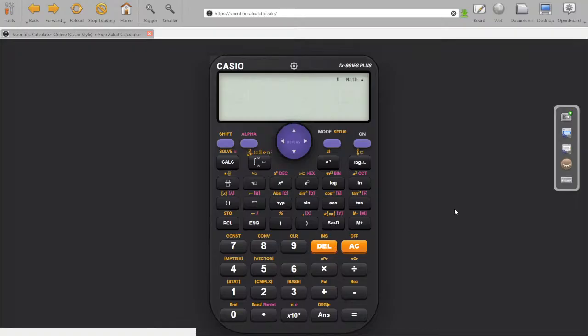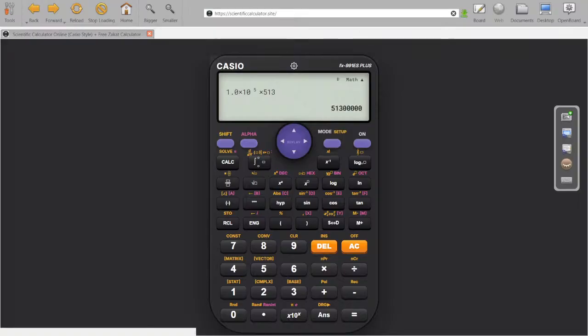So all we need to do is put that in our calculator. So let's clear this. It's going to be 1.0 times 10 to the 5, and that times 513.